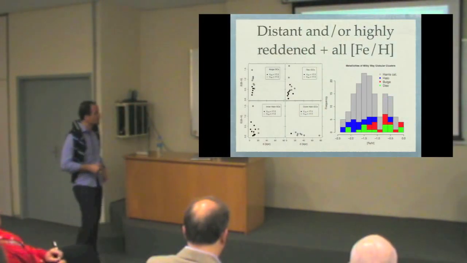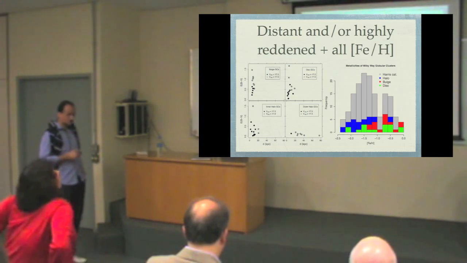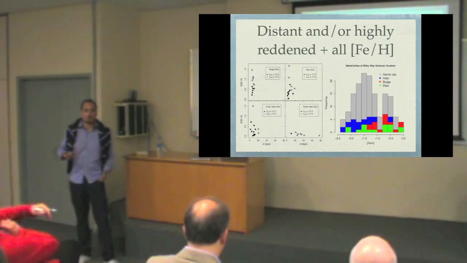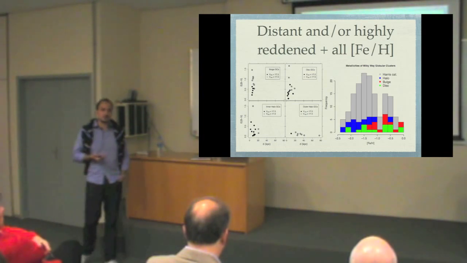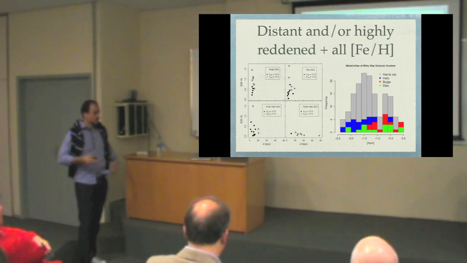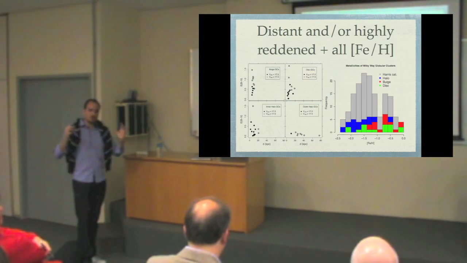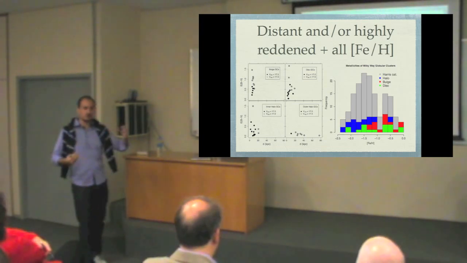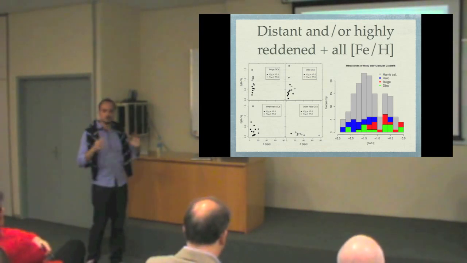The other thing from the selection of the clusters is that we target more distant or highly reddened clusters that usually are not so studied as the bright and massive and close clusters. But thinking about the whole picture of a galaxy, you have to study all clusters, not only the brightest.